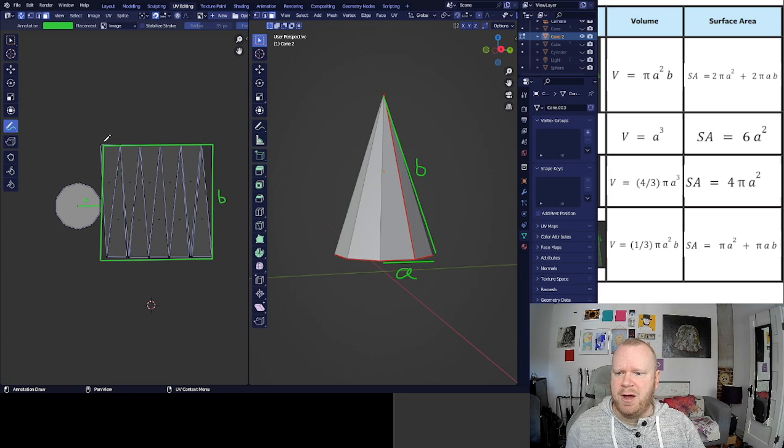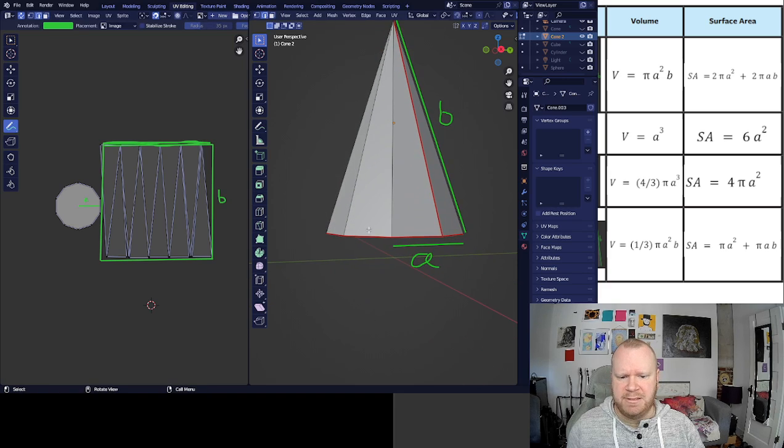And then we can think about what this measurement is. So thinking about these lines here, let's say I've got this line and this line. Half of them, as I go around the circle, are going to be up on the top, and half of them are going to be on the bottom.